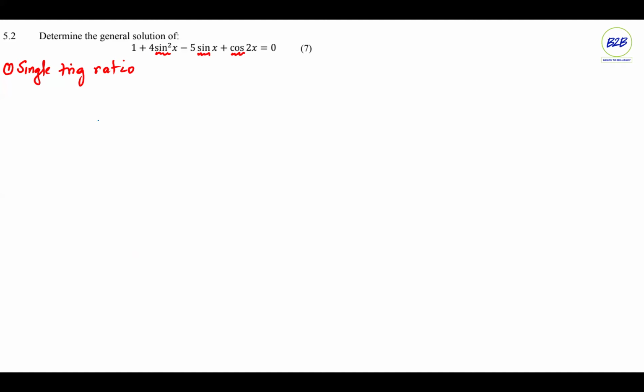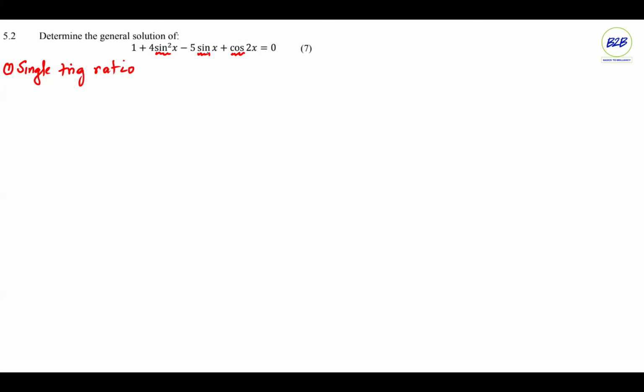Remember, when we were introducing the 5-step method, we said you can do so by using trigonometric identities. And this cos 2x is a trigonometric identity, specifically called a double angle. So we must change that cos and express it in terms of sine. We cannot change this sine x any further.